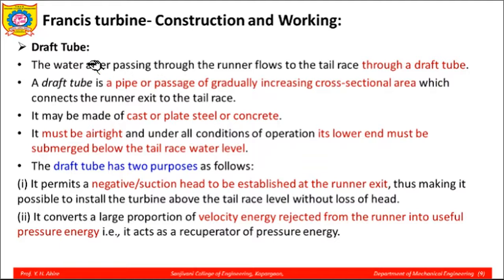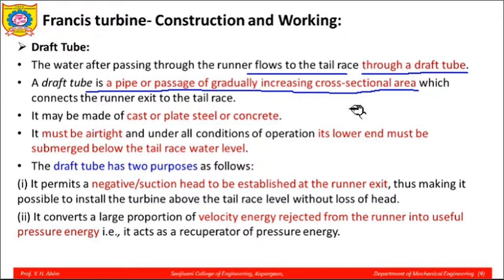Next is the draft tube. The water after passing through the runner flows to the tail race through a draft tube, right? Draft tube is a pipe or passage of gradually increasing cross-sectional area which connects the runner exit to the tail race water level.